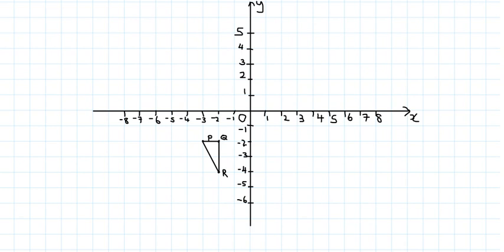So in a little bit, let me shift this a little bit. Yeah, in a little bit, we're going to look at the transformed triangle P prime, Q prime, and R prime. Alright, and then we'll plot those points as well. And then we're going to try to determine what type of transformation would have occurred.